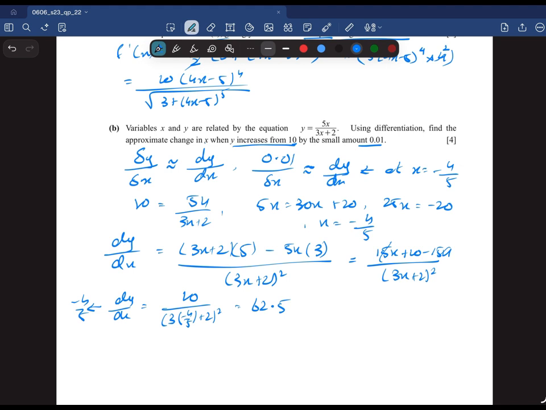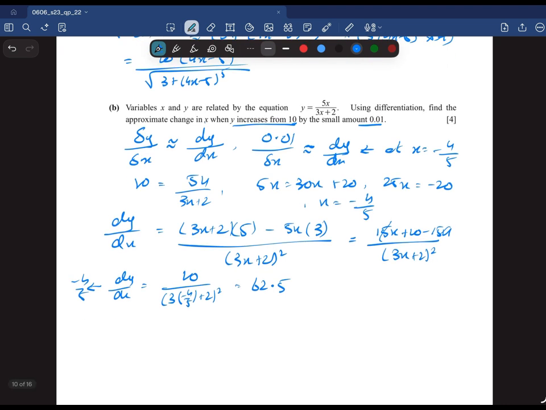Let's confirm using our calculators. 5x upon 3x plus 2 at x being equal to negative 4 upon 5, that is negative 0.8. 62.5, that is correct.